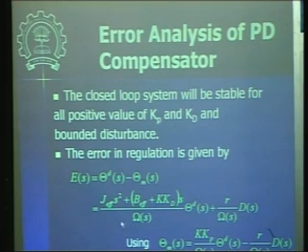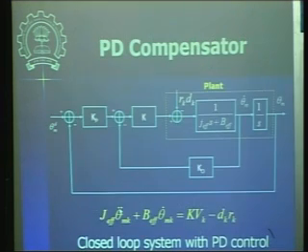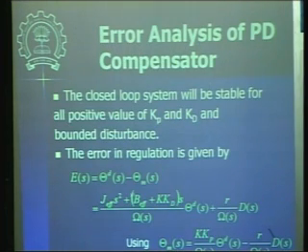Do you see that? This has this characteristic polynomial omega, and the term corresponding to this part will show up over here. So this is your error expression in the S domain.